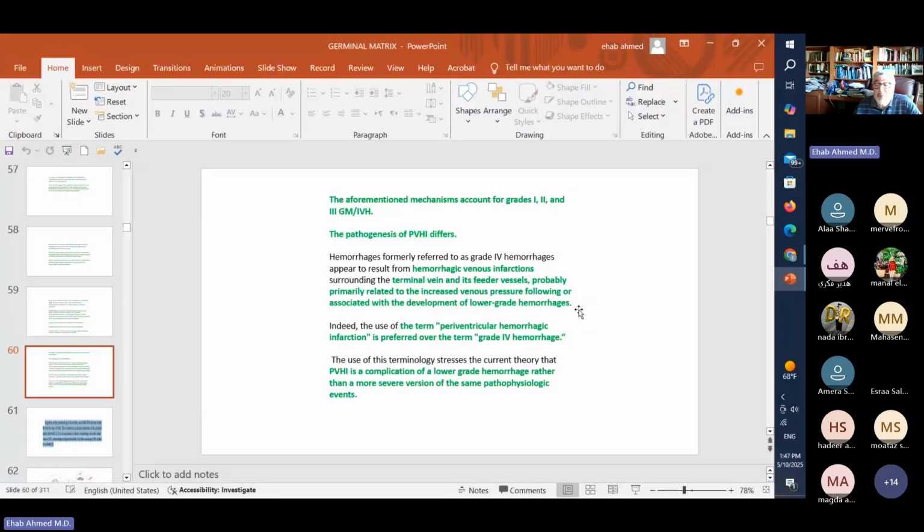So the story starts with a grade 1 or grade 2 or even grade 3 hemorrhage, but because of increased venous pressure and venous congestion, there will be venous infarction, which is PVHI, which was called grade 4 by some people. Okay.